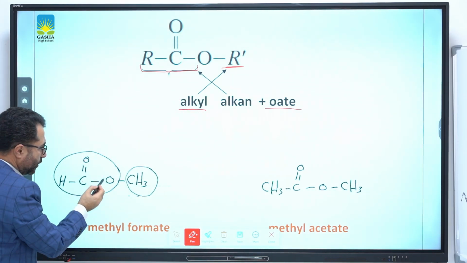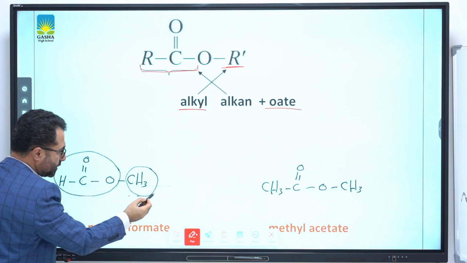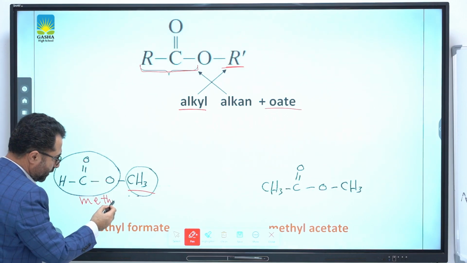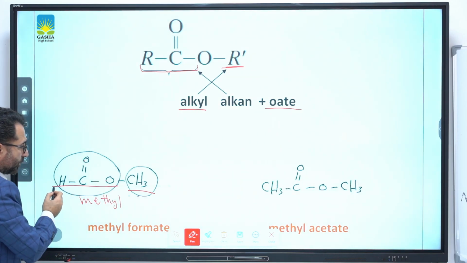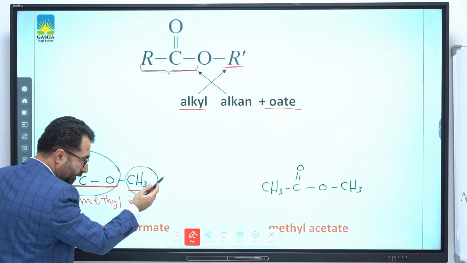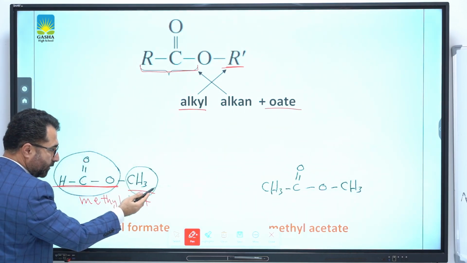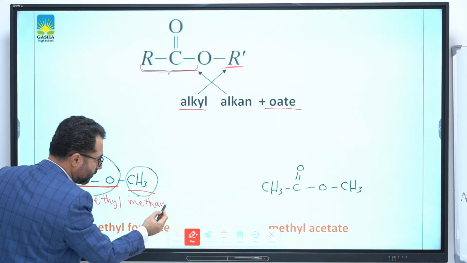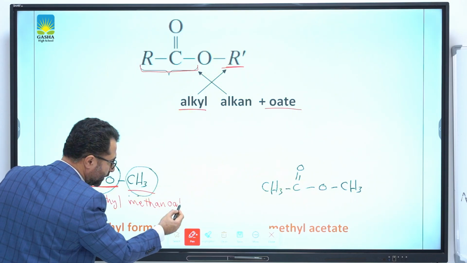Here we have COO ester. The right side is methyl. And the left side has 1 carbon, so it's methane. Right is alkyl, left is alkane, so it's methane plus OATE.